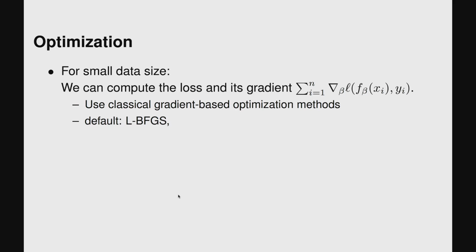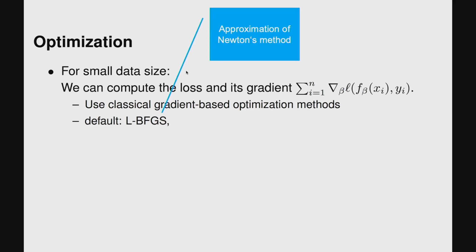For small data sizes, we just compute the loss and then the gradient. Typical methods as I showed you. And now for the gradients, I showed you the default method to be used in backpropagation, but there are more sophisticated ones.